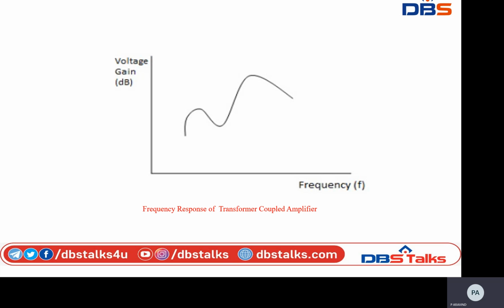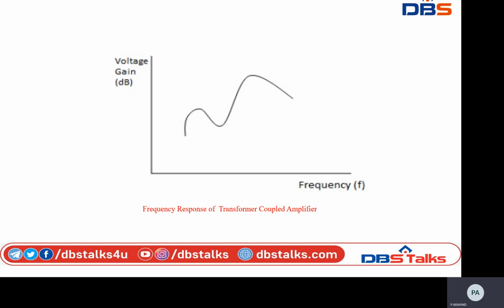Here, the gain of the amplifier is constant only for a small range of frequency. The output voltage is equal to the collector current multiplied by the reactance of the primary. The x-axis shows the frequency and the y-axis shows the voltage gain in dB.